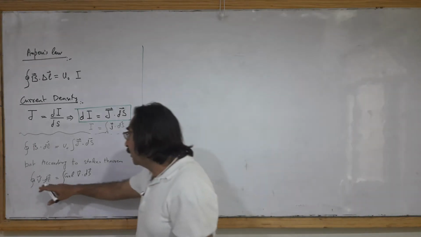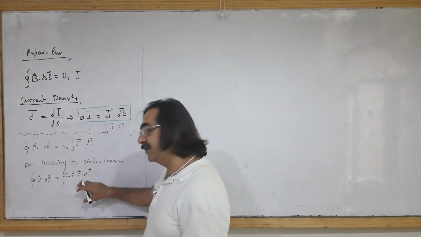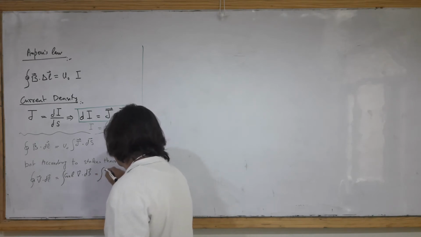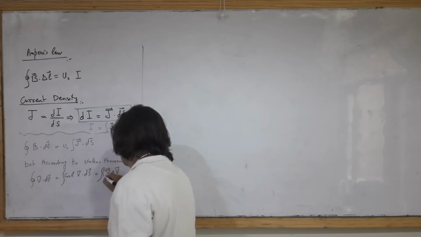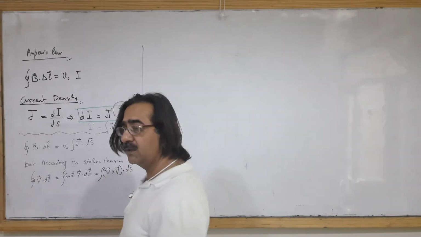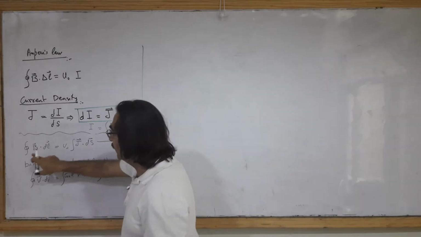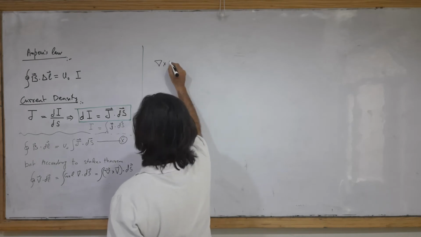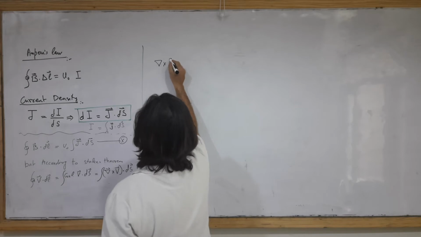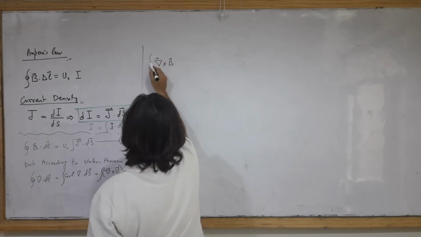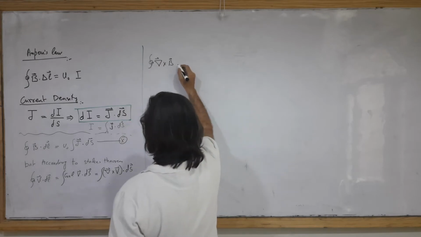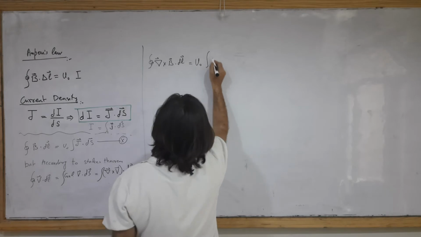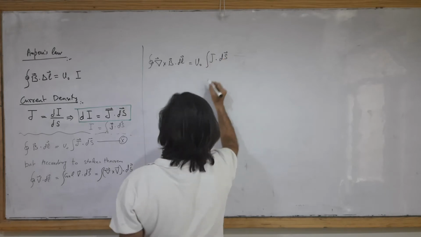So the closed line integral of B dot dl equals the surface integral of the curl of B dot ds.